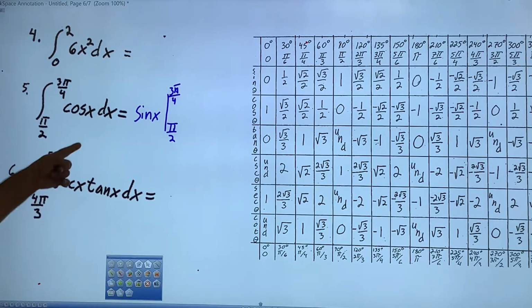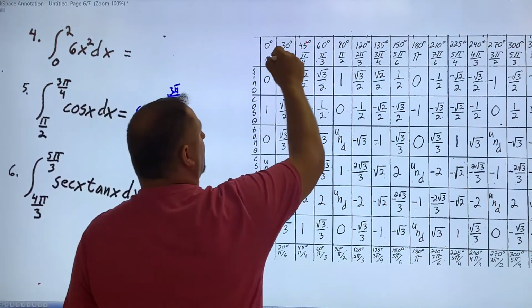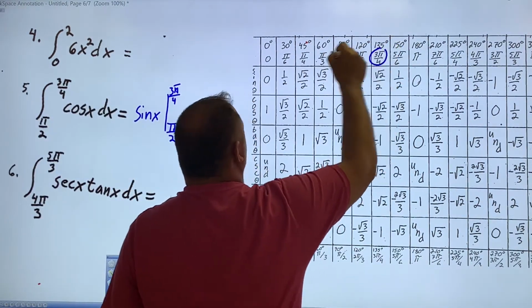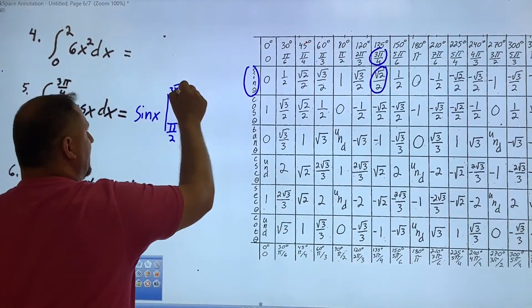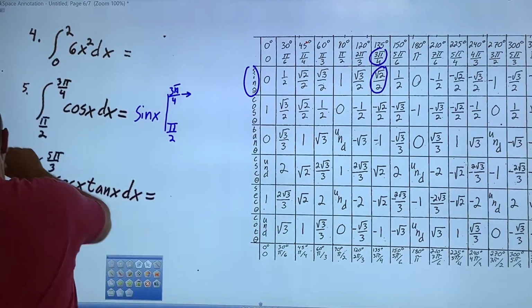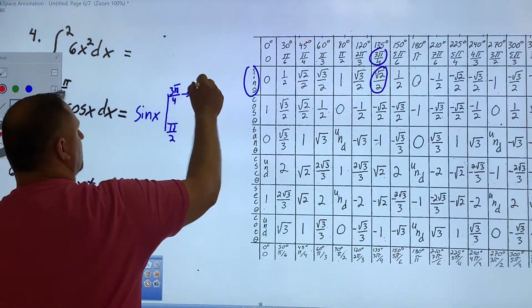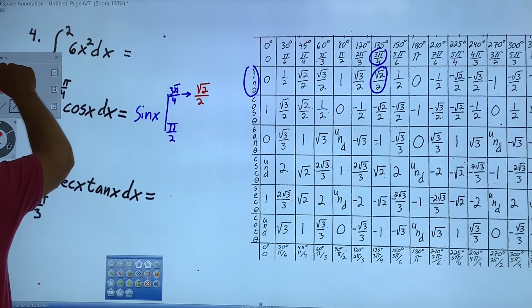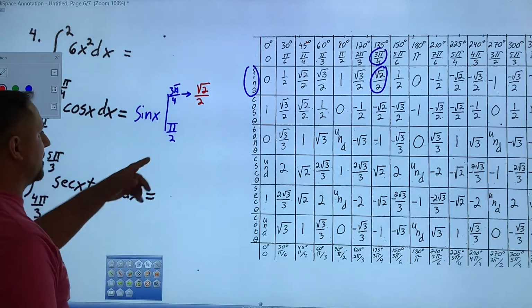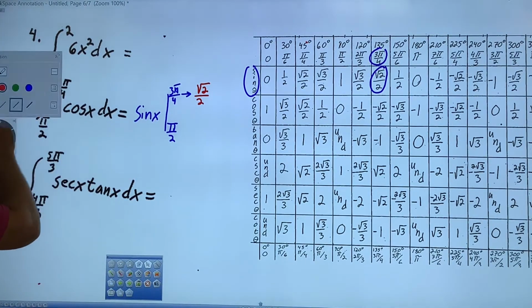So we're going to evaluate what sine of 3 pi over 4 is. So let's see what 3 pi over 4 is for sine. So I scroll over to 3 pi over 4, and sine of 3 pi over 4 is root 2 over 2. Now I want to figure out what sine of pi over 2 is.